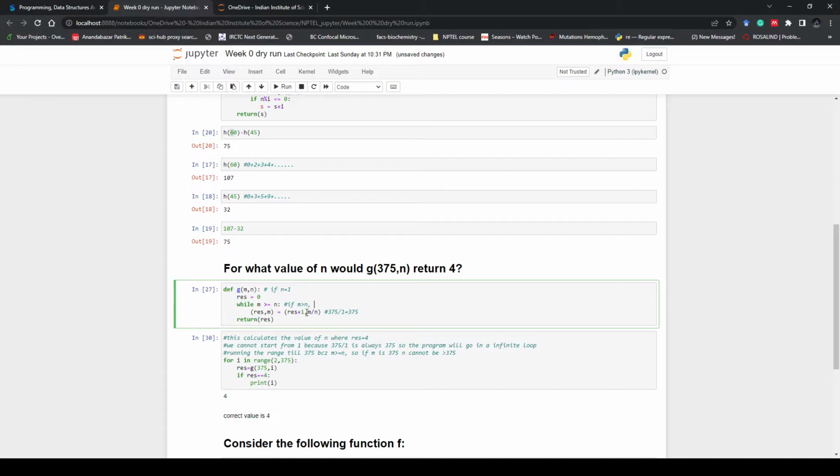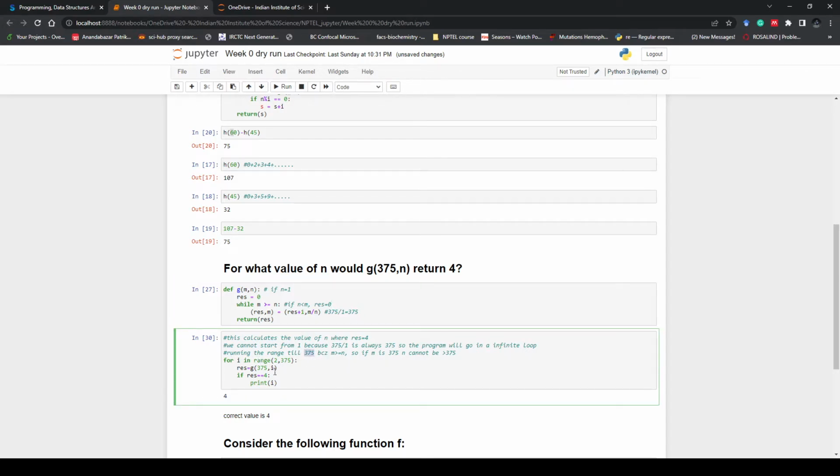If n is greater than m, then the result will always be 0, correct? Because then it will not go into the while loop at all. So that's why we are taking it till 375.